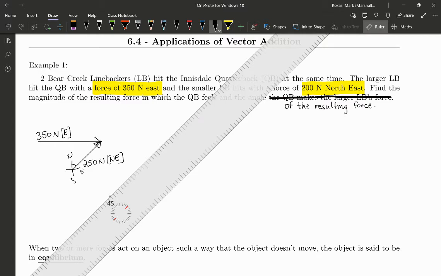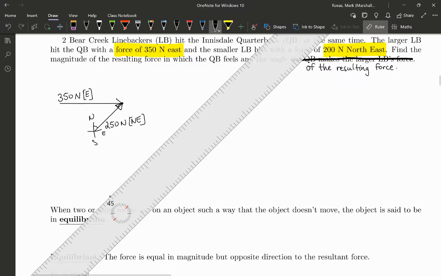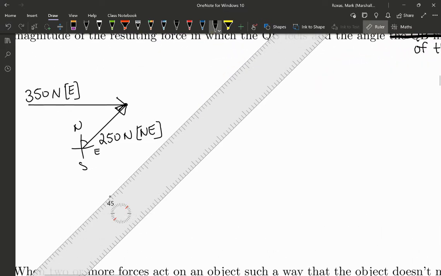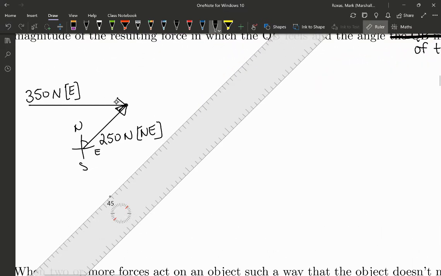That's going to be northeast, just like that. So we're going to add these two vectors and find the resultant vector. Oh, my apologies, not 250, it's 200. There you go, 200 newtons northeast. So 350 newtons east and 200 newtons northeast.